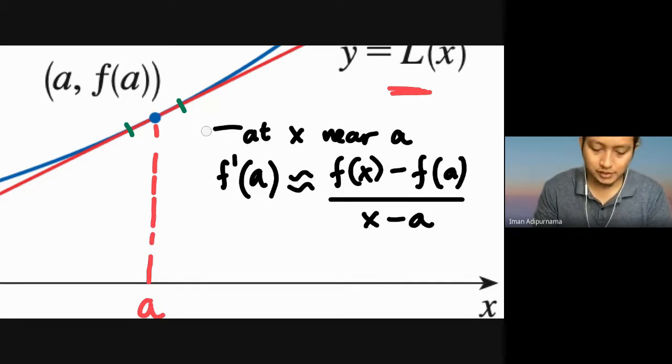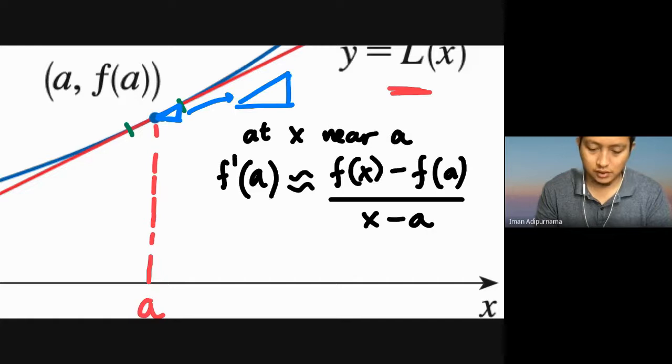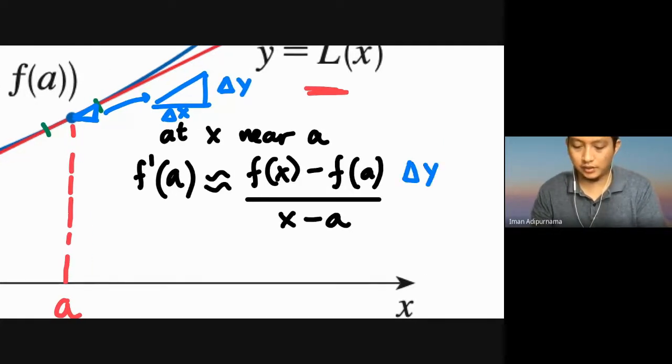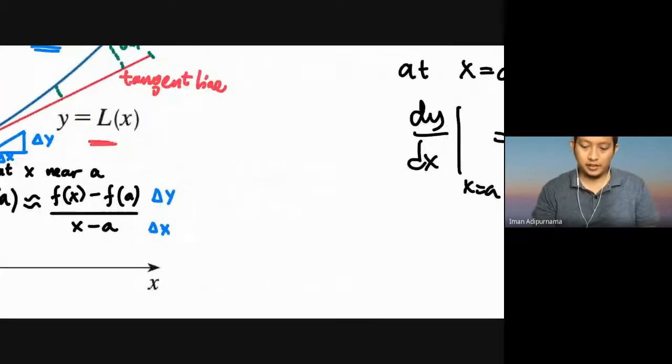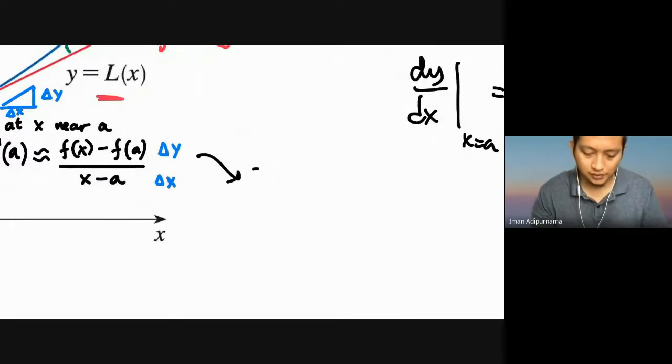Or to be precise, if you want to look in more detail, if you take this as a triangle there, this is a delta y, delta x, which is our delta here, right? Okay. So we can take this and solve for f of x.